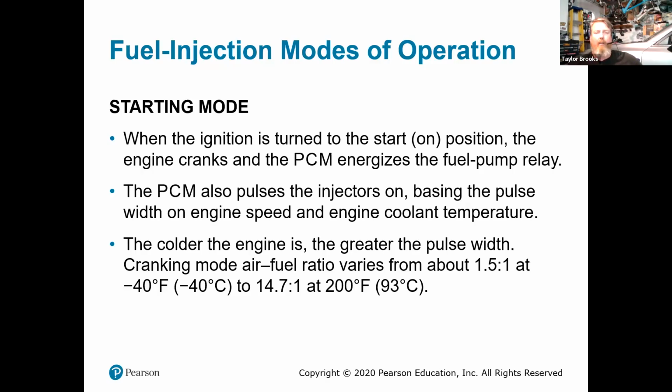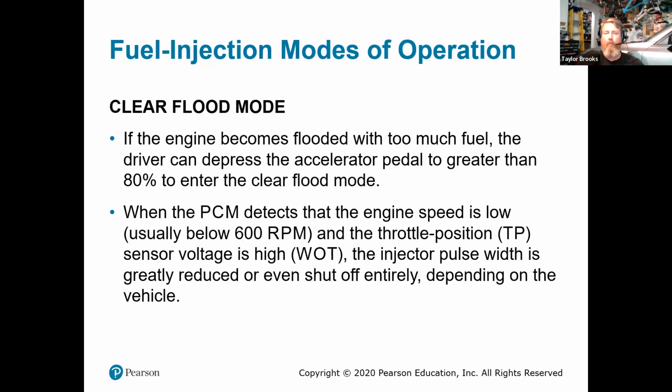It's kind of the same theory. The PCM has the ability to look at ambient air temperature and coolant temperature to determine if we need a richer open loop mixture than we otherwise would. Now, we also can have a clear flood mode.